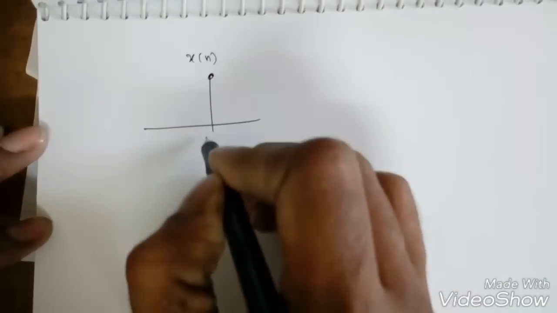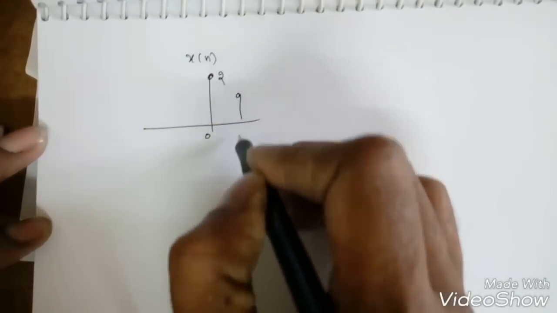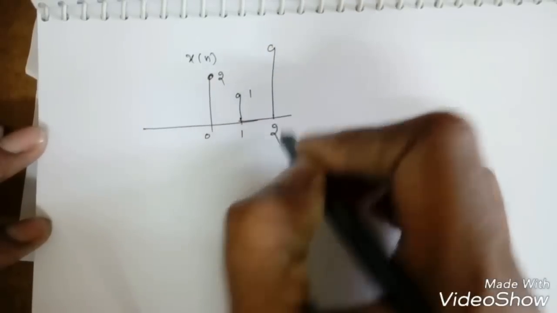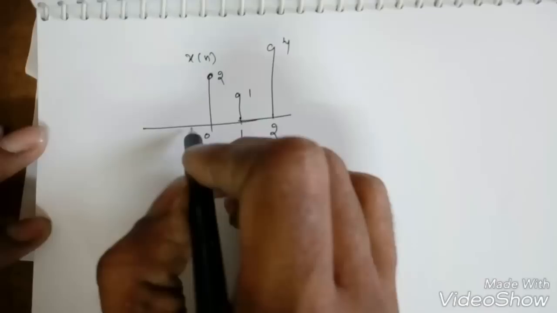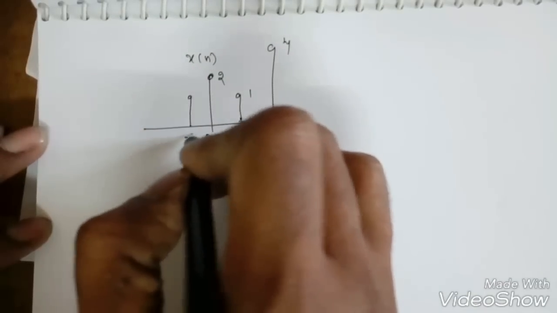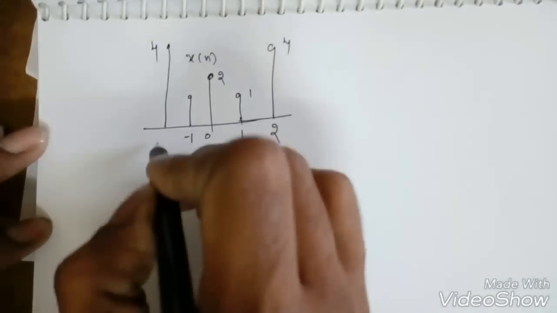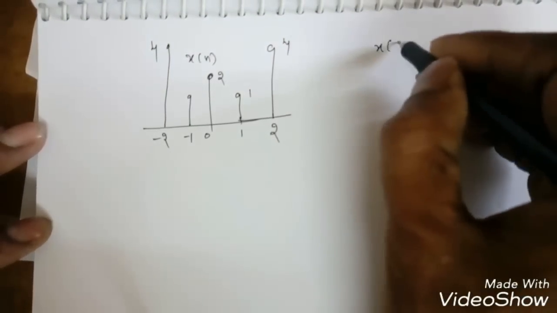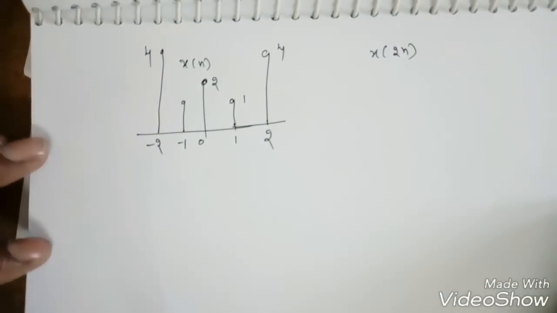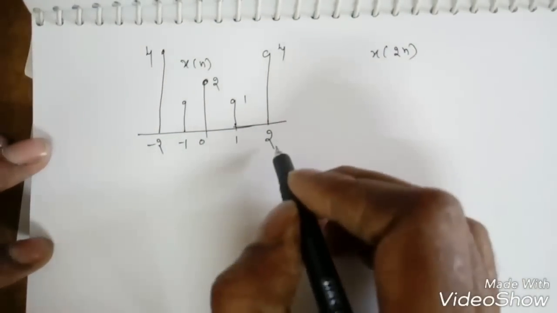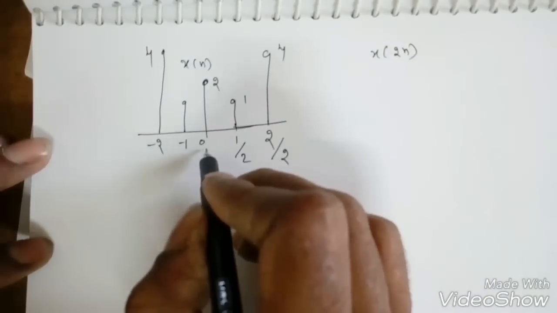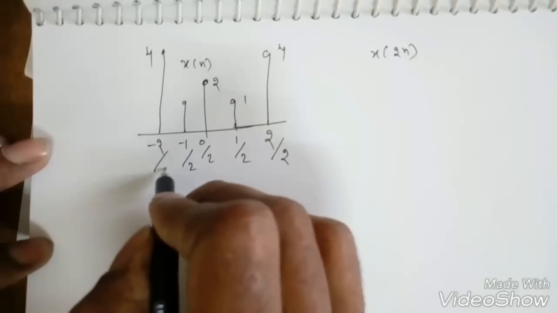Now let's see one example. Suppose some sequence is like this: at 0 there is a 2, at 1 there is 1, at 2 there is a 4. Similarly at minus 1 this is 4, and this is minus 2. So this is x of n. Suppose I want x of 2n, where a is greater than 1. That means each index will be divided by 2.